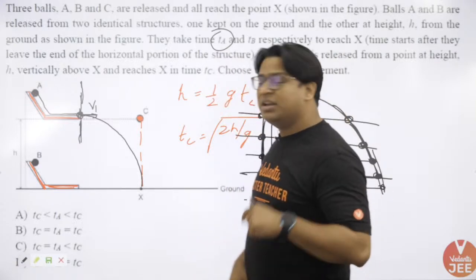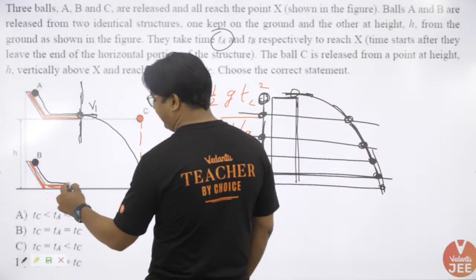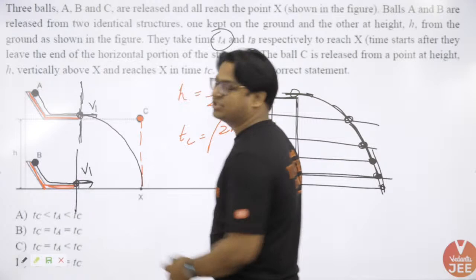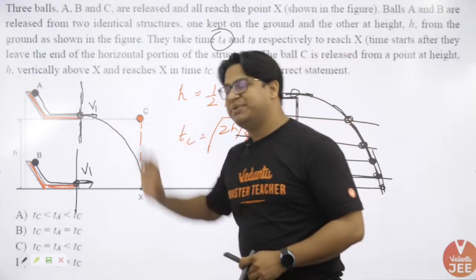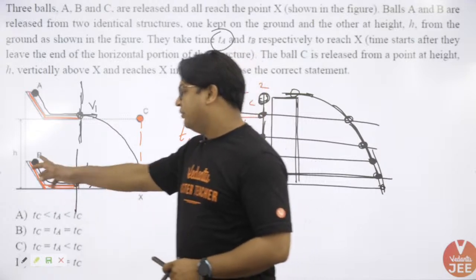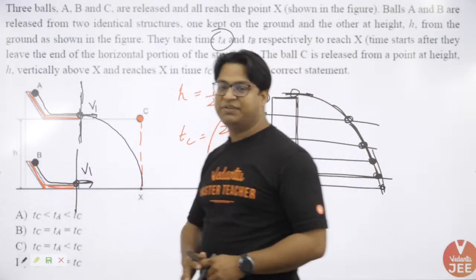Alright. Now the interesting thing is, when we release B, B will travel here and it will also separate from this structure with the same horizontal speed as A. I hope you agree with this. Since these structures are identical, when B is released, B will separate from this structure with the same speed as V1.